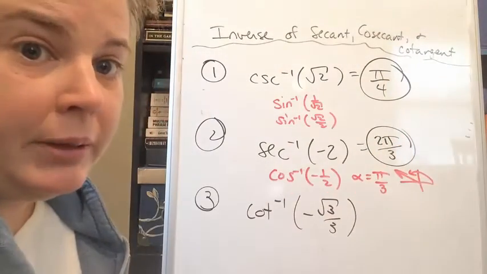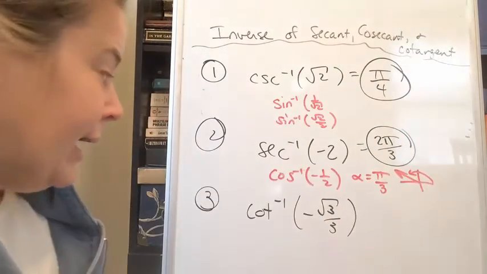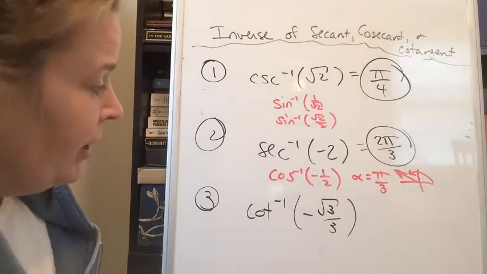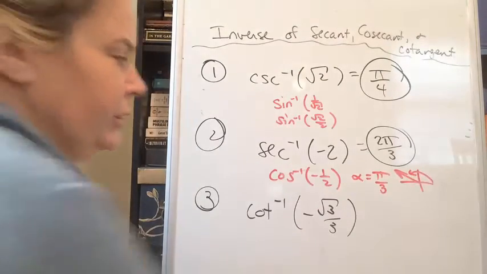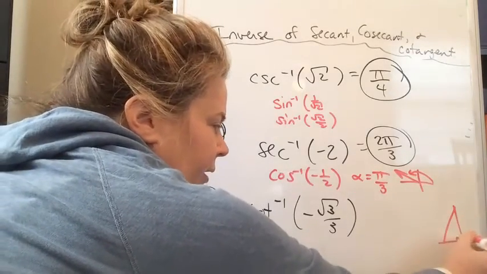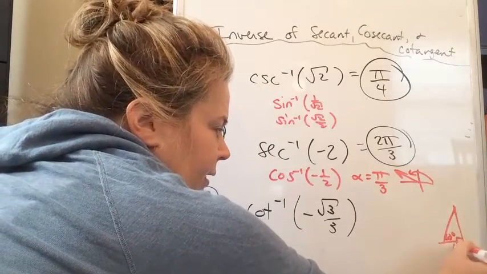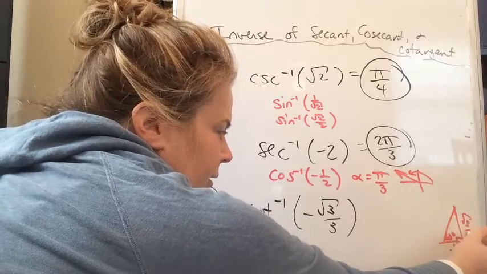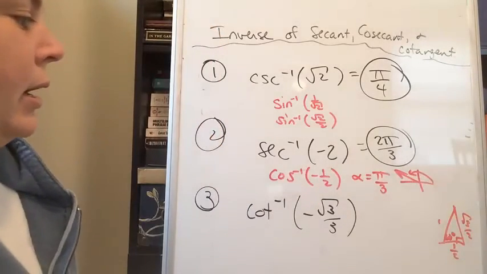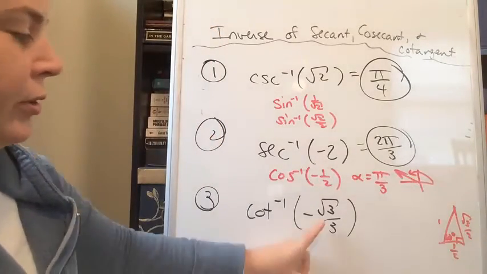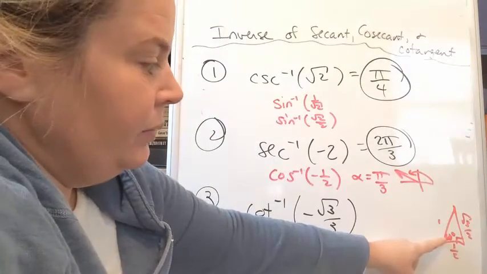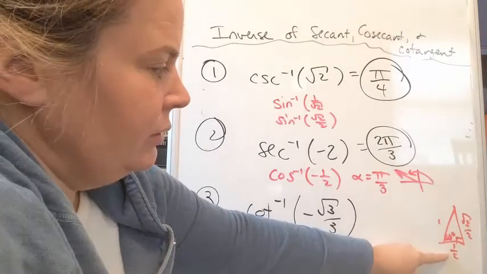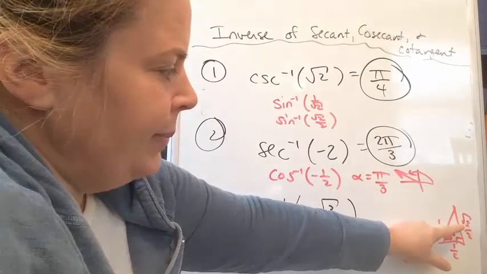2 pi over 3. And the last one, inverse cotangent of negative square root of 3 over 3. Again, I don't know my cotangent and tangent that well, but I know that's got to be 30 or 60. So when would the square root of 3 be in the denominator? At 60, it would be adjacent over opposite.